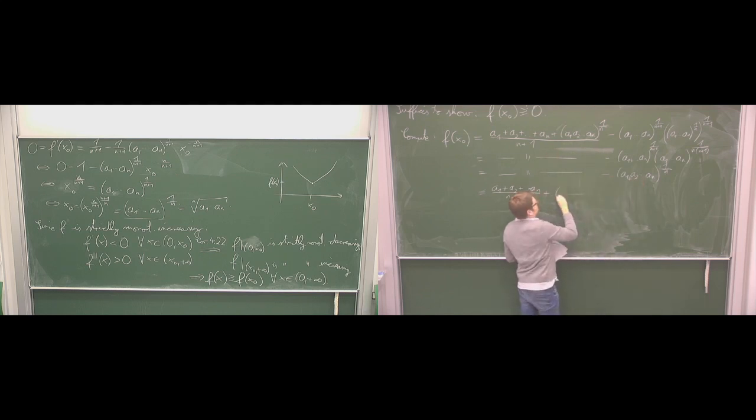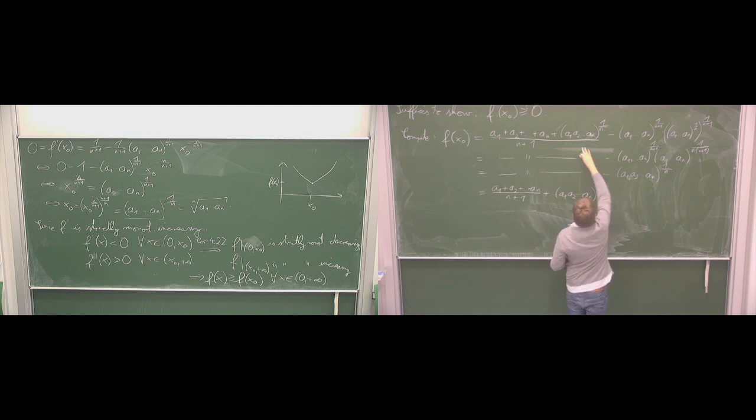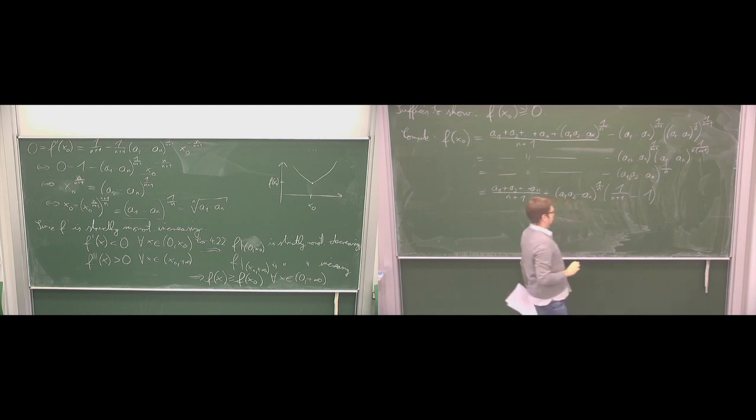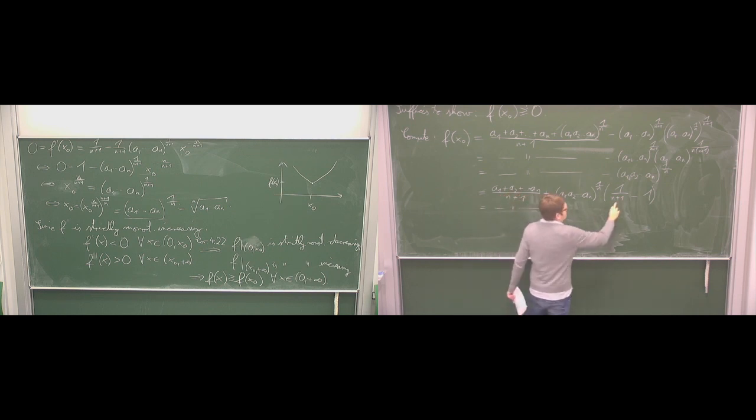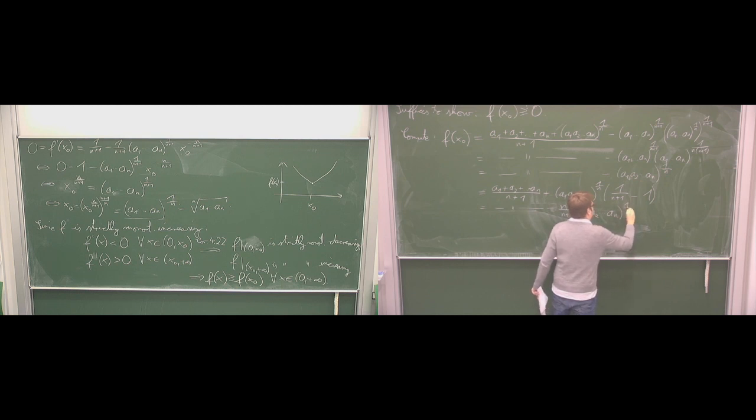So we get a1, a2, an to the power of 1 over n times, and now we have 1 over n plus 1 minus 1. Okay, this is the same as this expression here, plus, so 1 over n plus 1 minus n plus 1 over n plus 1 is minus n over n plus 1, a1, a2 to an, the power of 1 over n.